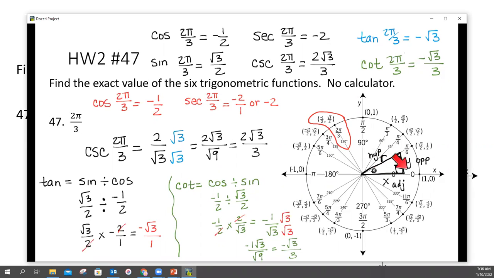The opposite is your vertical distance, which is your y. Your x, or your adjacent, is your horizontal distance, which is why we use x, because it's your horizontal change. And it doesn't matter where I drew it.